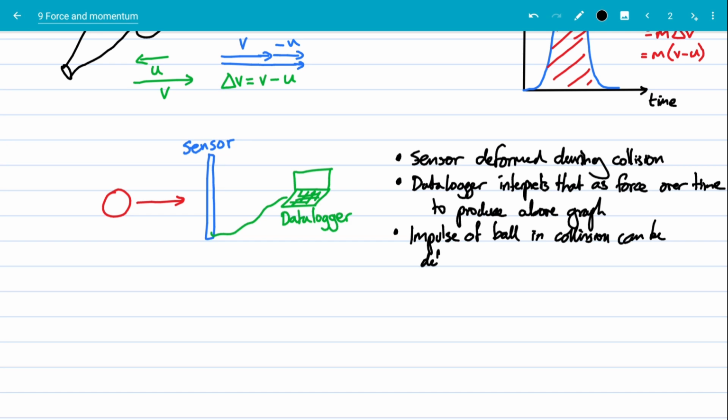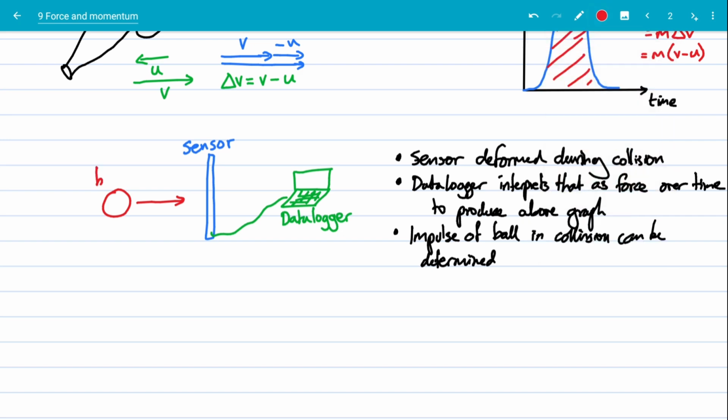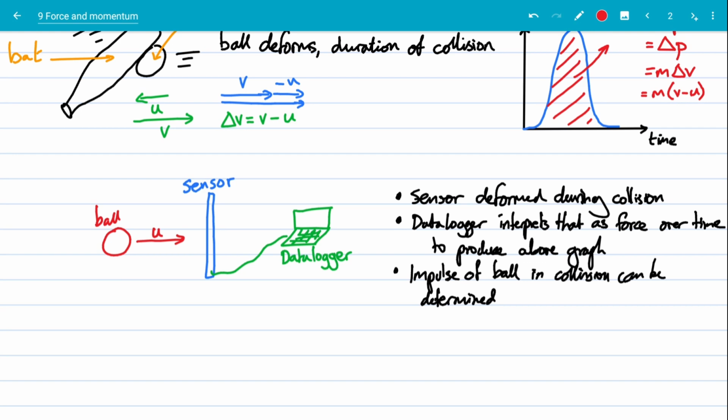I don't want to say measured because it's not a direct measurement. Determined might be the closest we can get to a direct measurement, though. So there's our ball, there's our U. As the ball comes in, it strikes the sensor, and of course the sensor becomes deformed.